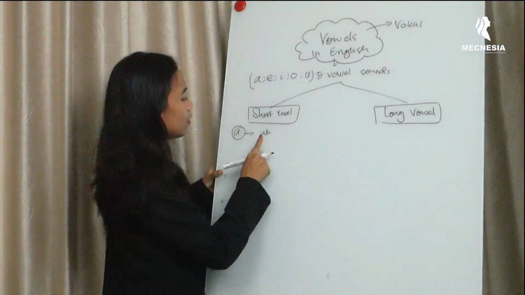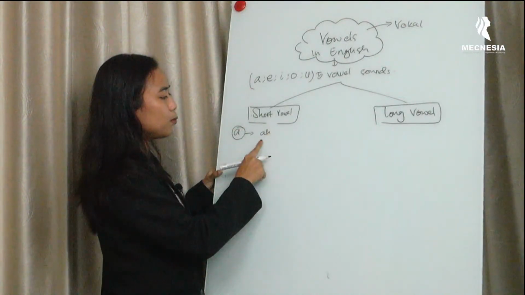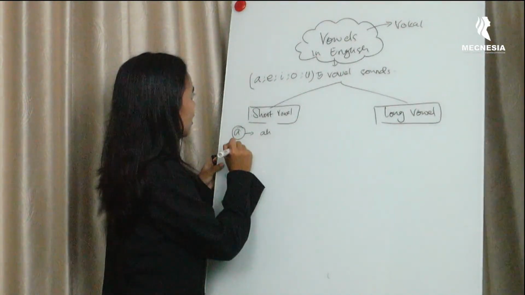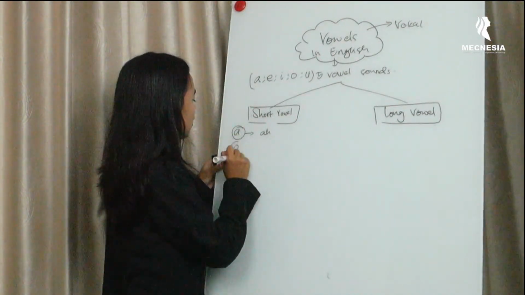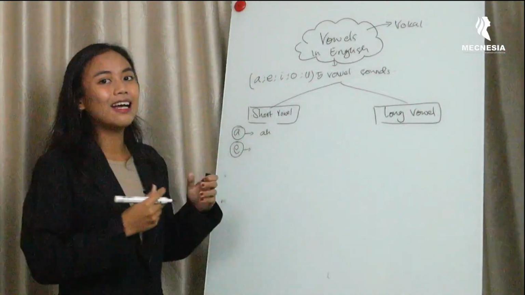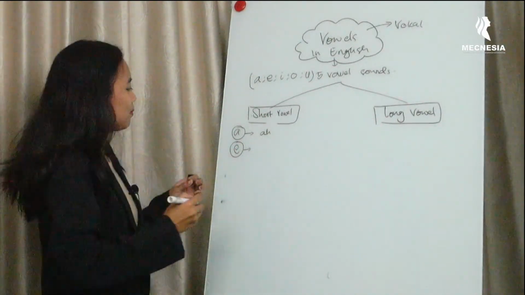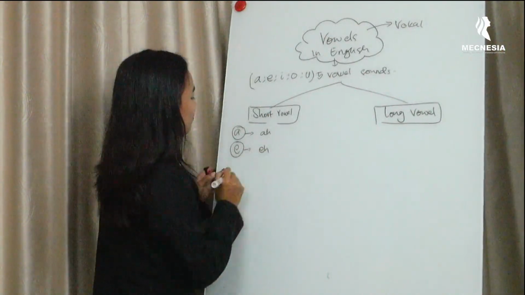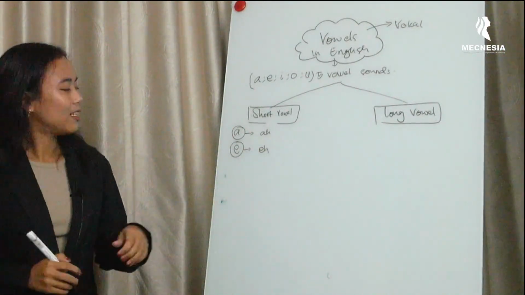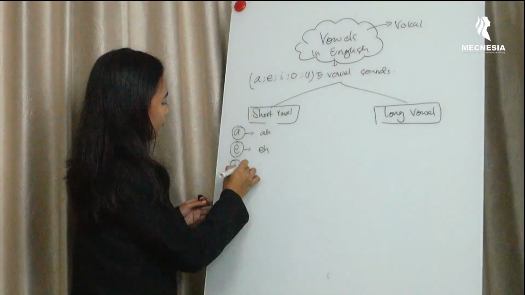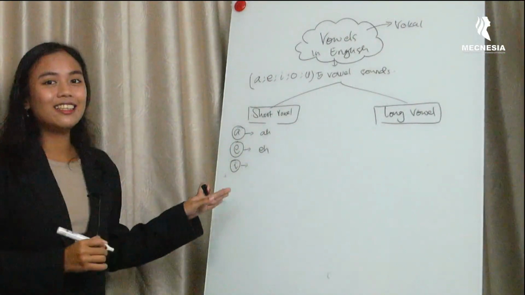This one is the sound, jadi ini bunyinya seperti A. And then kalau I, bunyinya ih. Next is this sound. Yang ini, ih.